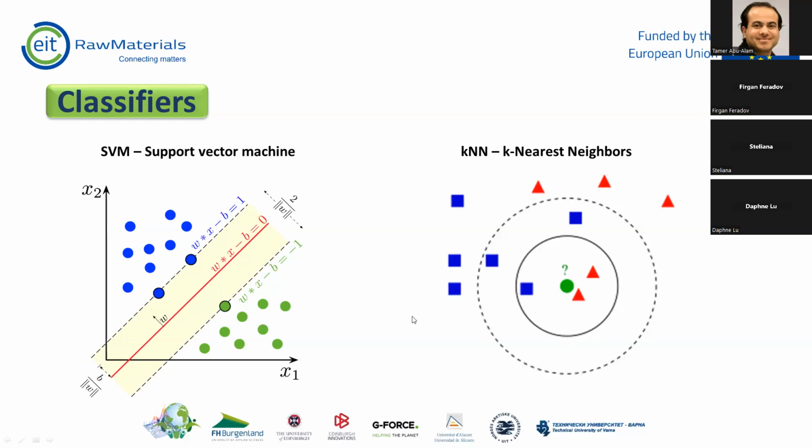I will mention a couple of software. There is, for example, MATLAB's machine learning toolbox. It is very, how should I say, very friendly, very easy to use. And most of the machine learning software are like that.